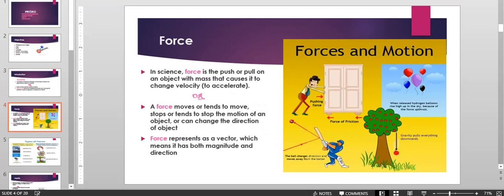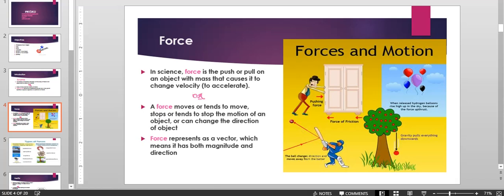So, let's discuss force. In science, force is the push or pull on an object with mass that causes it to change velocity or to accelerate. Or we can say that a force moves or tends to move, stops or tends to stop the motion of an object, or can even change the direction of an object.